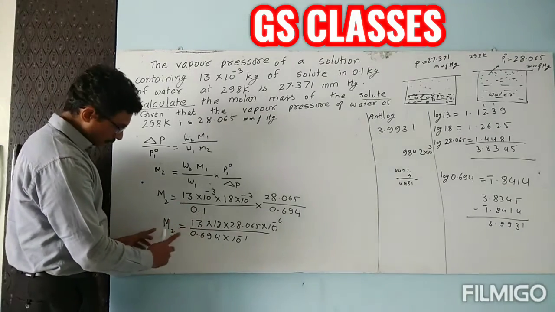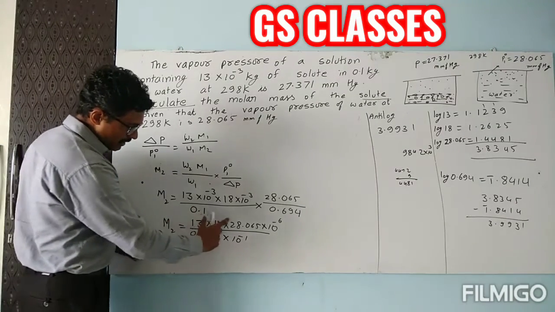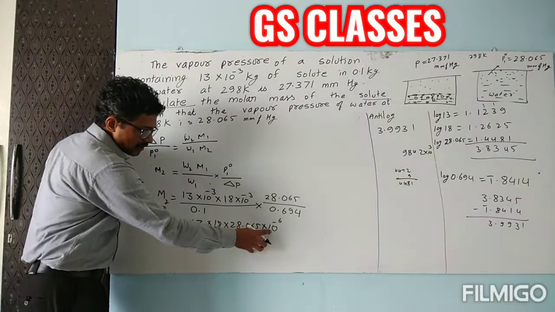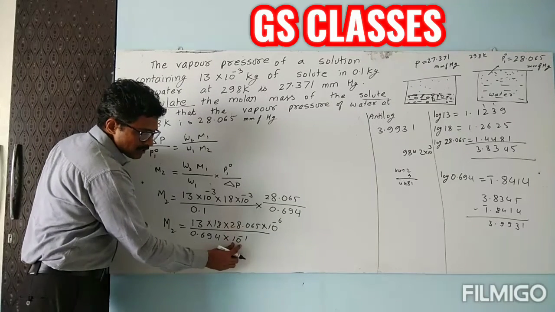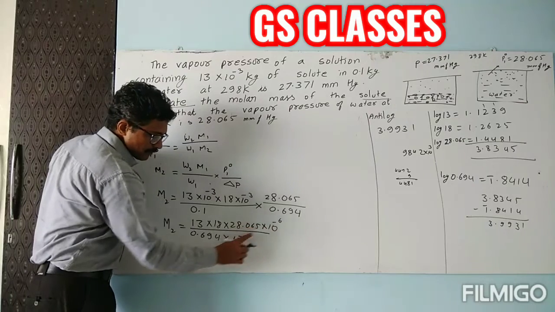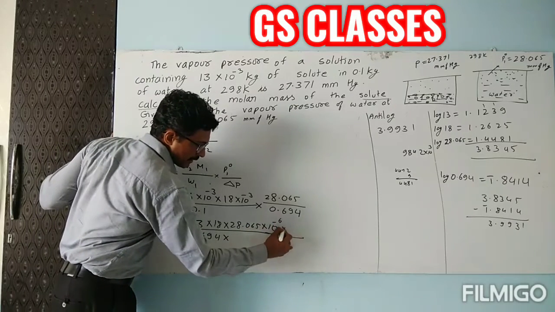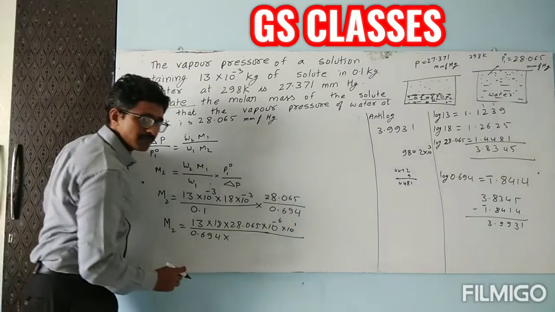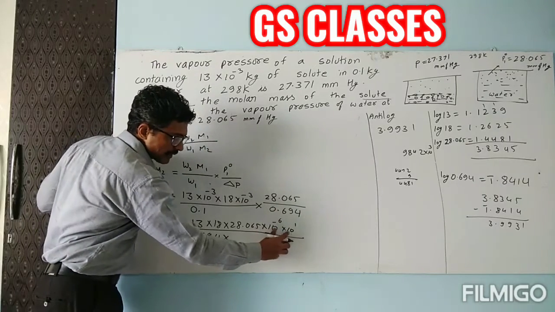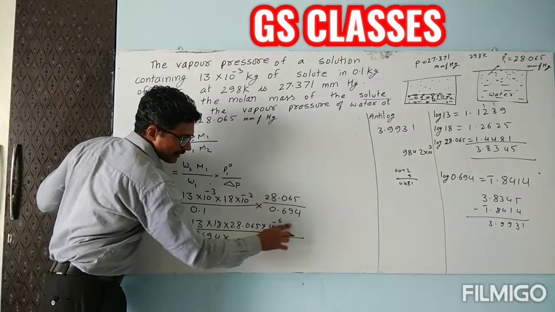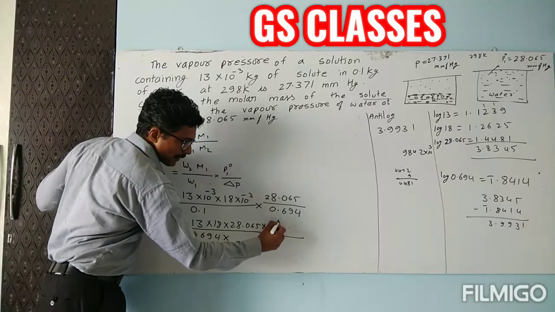Children, we have written here M2 equals these values. Now if I adjust the powers of 10, 10 the power minus 1 will go in the numerator. So it will become 10 the power minus 6 into 10 the power 1. Now if you adjust the powers, minus 6 and 1 will finally become minus 5.